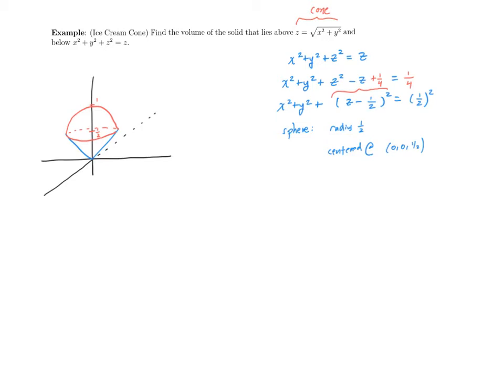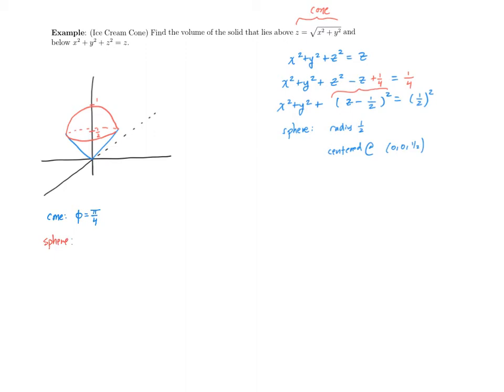And in order to do so, I want to come up with a description in spherical coordinates. So let's think about the two equations that make this up. We have the cone, which is given by phi equals pi over 4. And then we have the sphere.